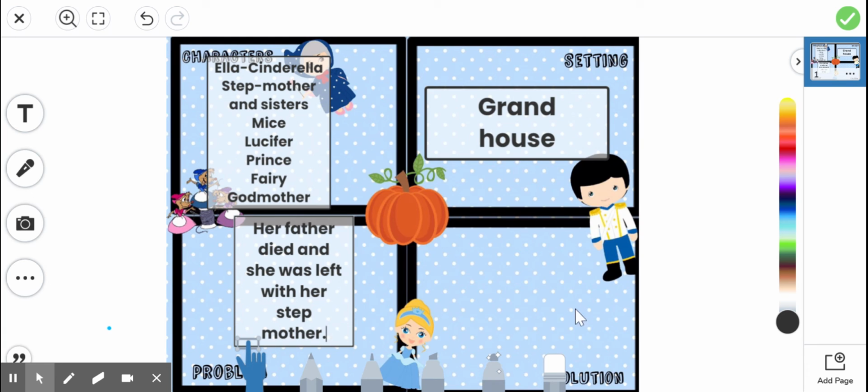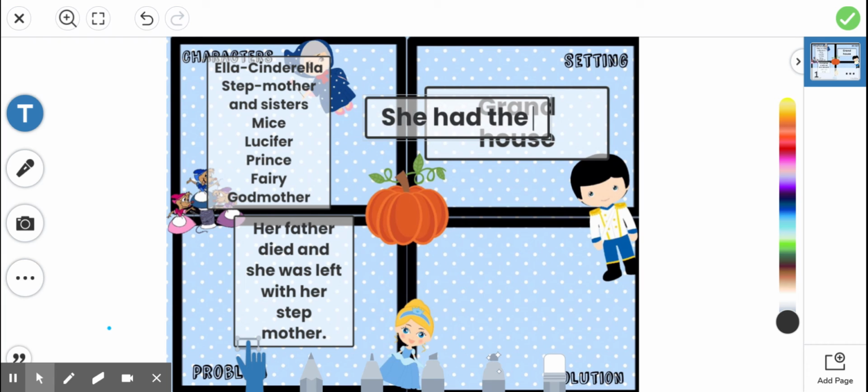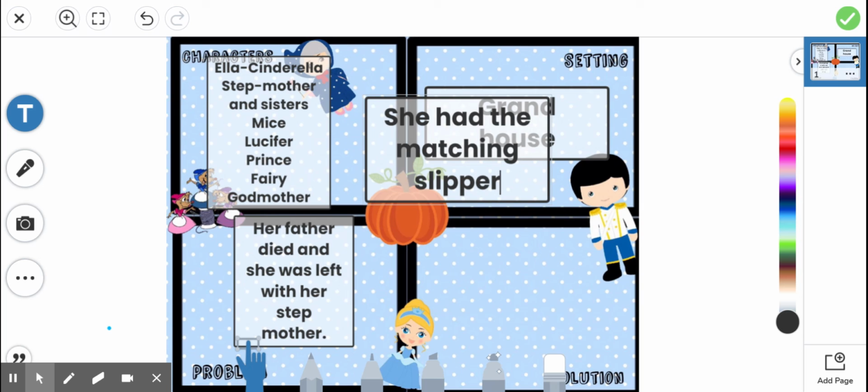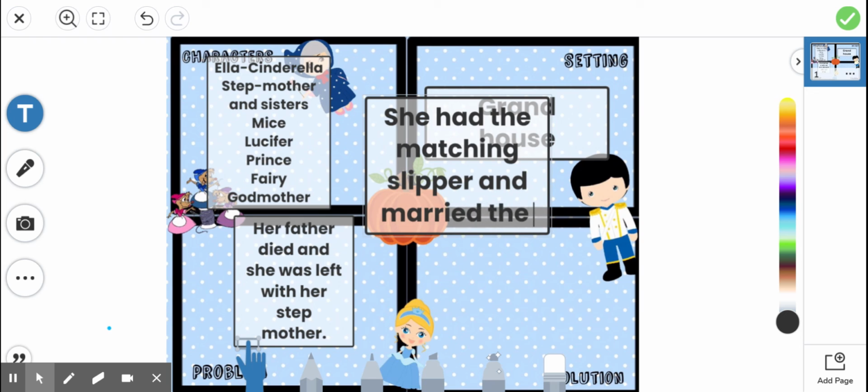Okay. And then the solution to the problem, so she was being mistreated by the stepmother and the stepsisters, and she had to live with them. And how that was fixed at the end, she had the matching slipper and she married the prince.